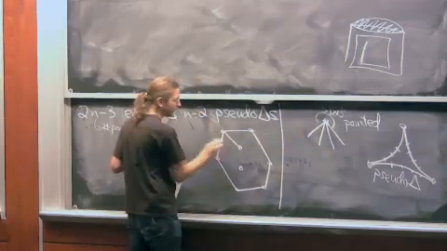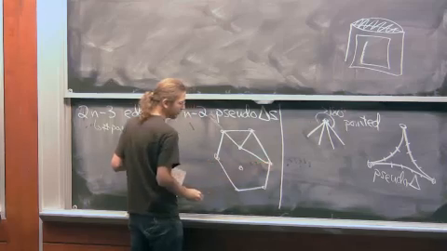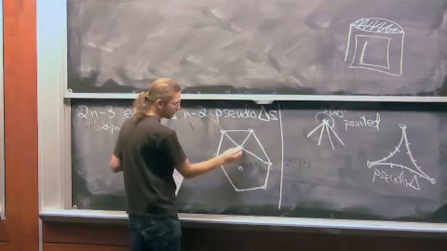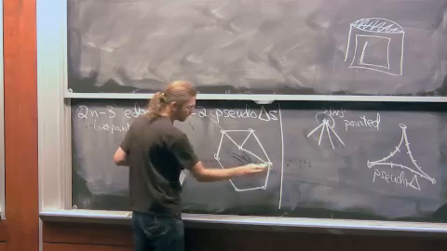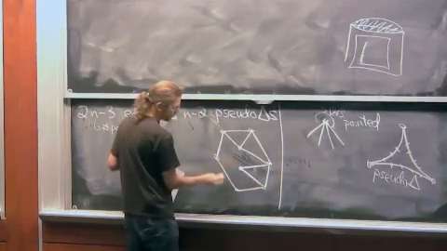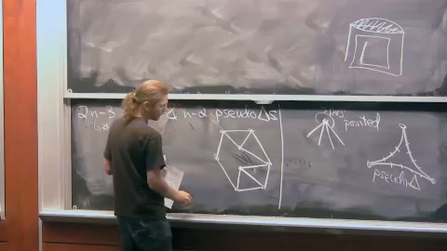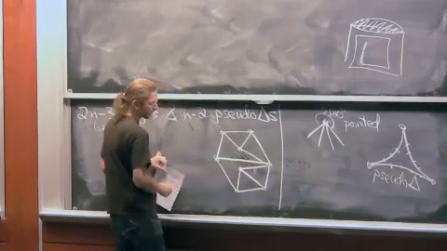So I add this edge, I'm still pointed. I add this edge, I'm still pointed. I add this edge, I'm still pointed. Can't add this edge, can't really add that edge. Let's see, I can add this one, and this one, and this one. Any more? Add this one. And now I'm done.